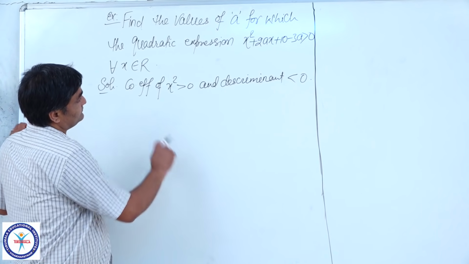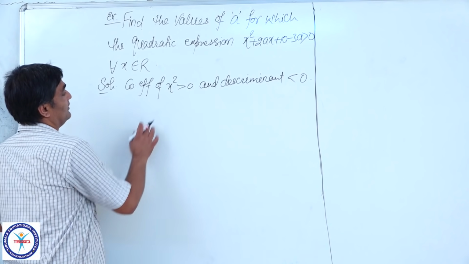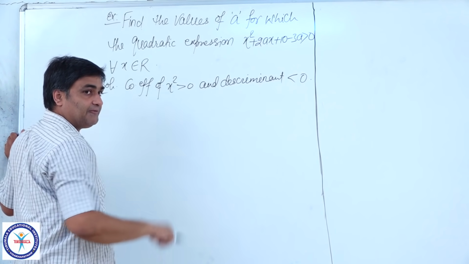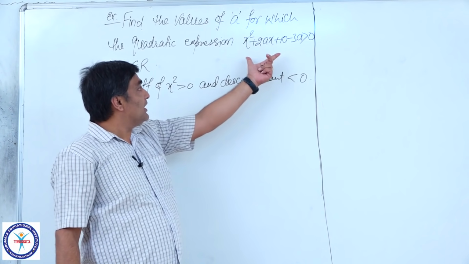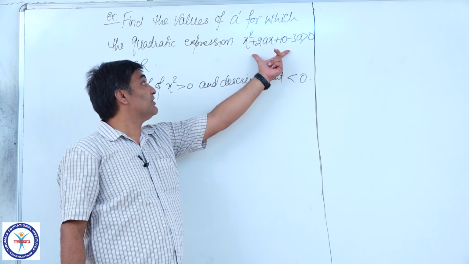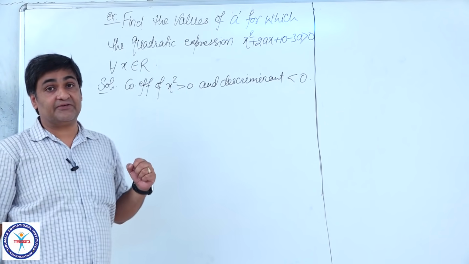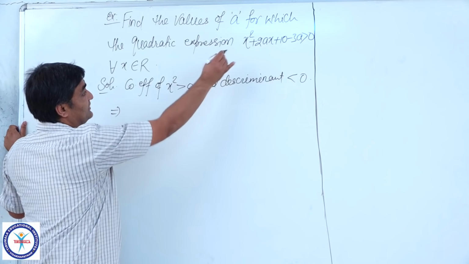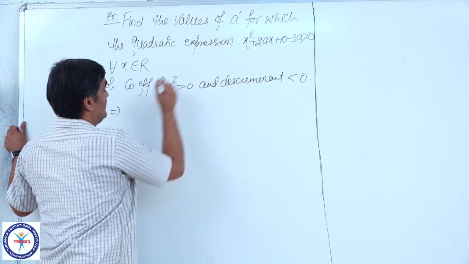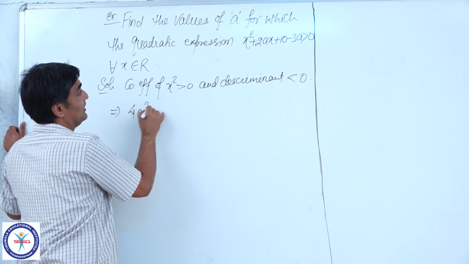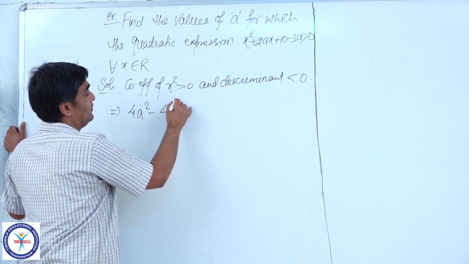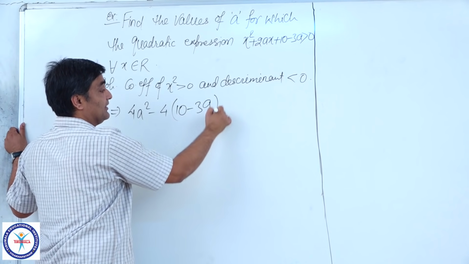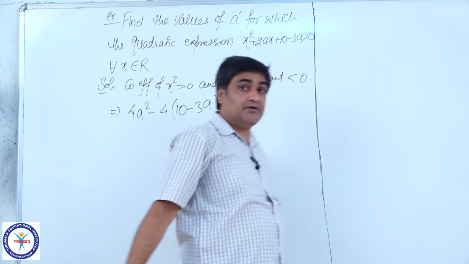Okay. So the coefficient of x square is 1, it is positive. And now we come to discriminant less than 0. So this implies, what is the discriminant? b square means 4a square minus 4 into 1 into (10 minus 3a) less than 0.